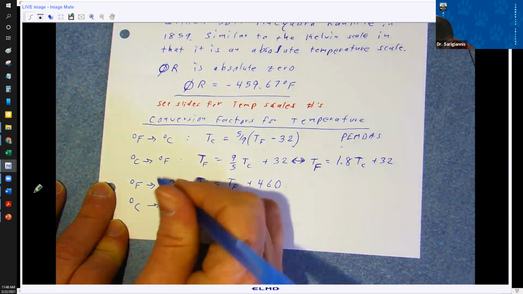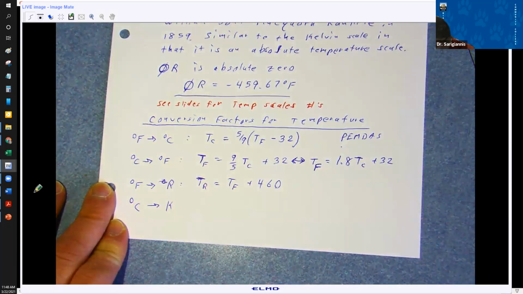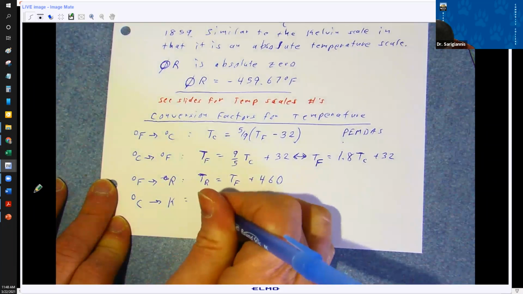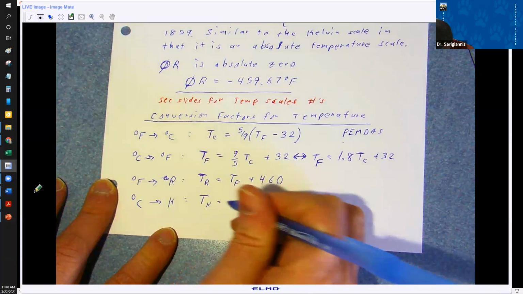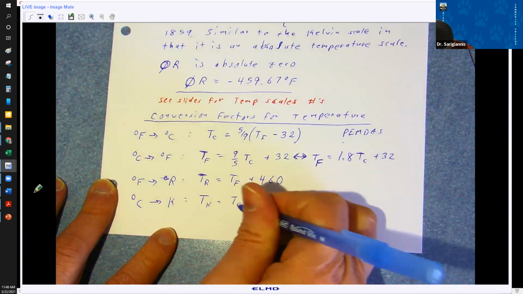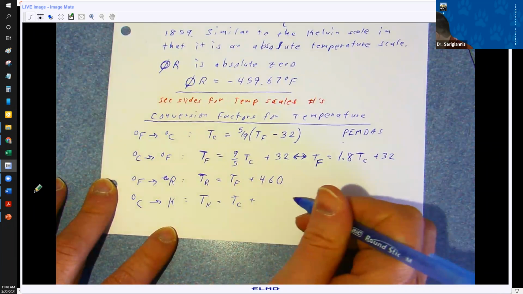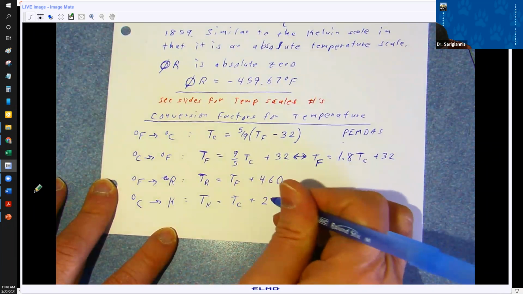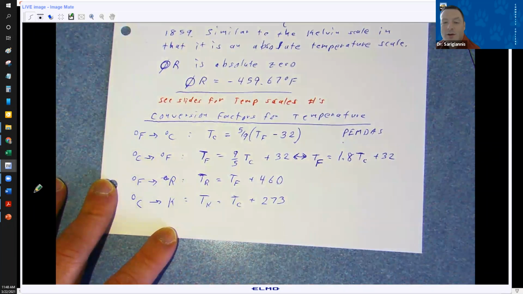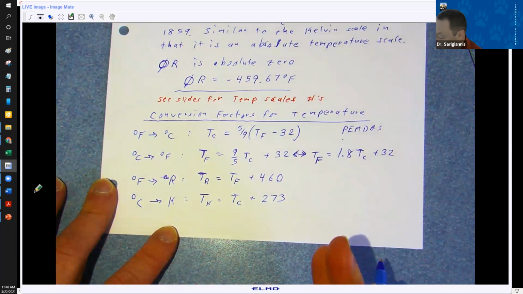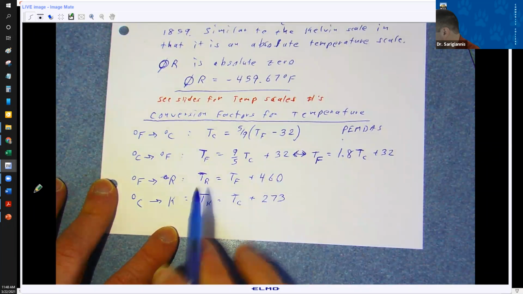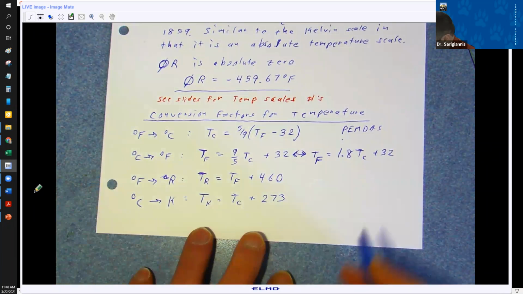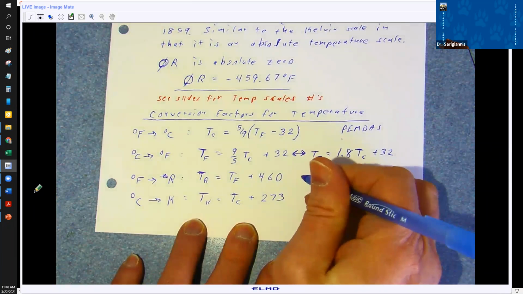I shouldn't have put a degree here. Your temperature in Kelvin is equal to temperature in Celsius plus, in this class, again, we're going to use 273. I think I mentioned it before, the more exact conversion is 0.15 over here. But for the intents and purposes of this class, we don't need to worry about that.